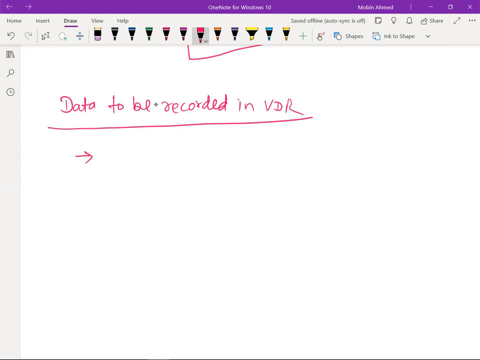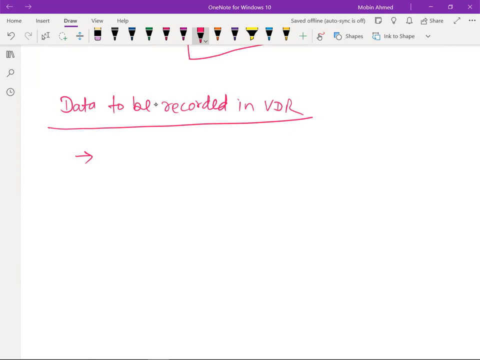So first of all, this data is being recorded in the data collecting unit, and then it is also going to the DRU, data recording unit. So data collecting unit, and from there it will be going to the data recording unit.